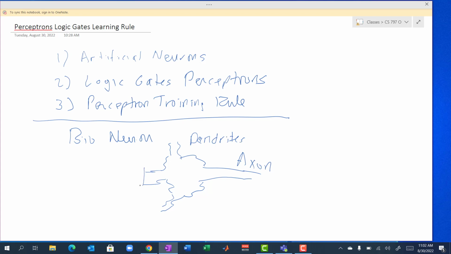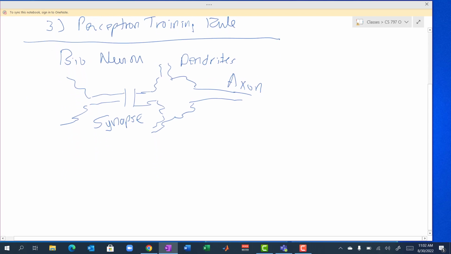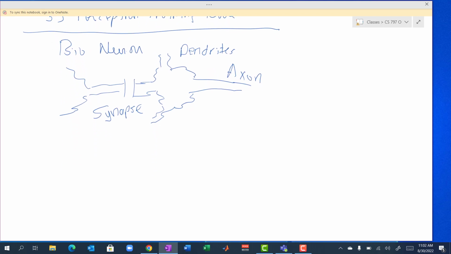And these dendrites connect to another neuron output with something called a synapse. And the body here is called the soma, or the cell body. So the four major parts are the dendrites, the axon, the soma, and the synapse.